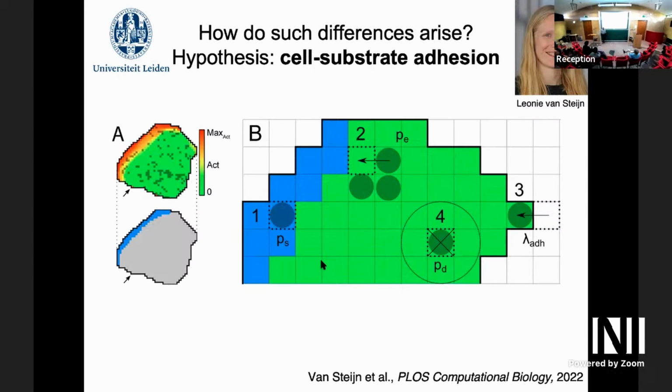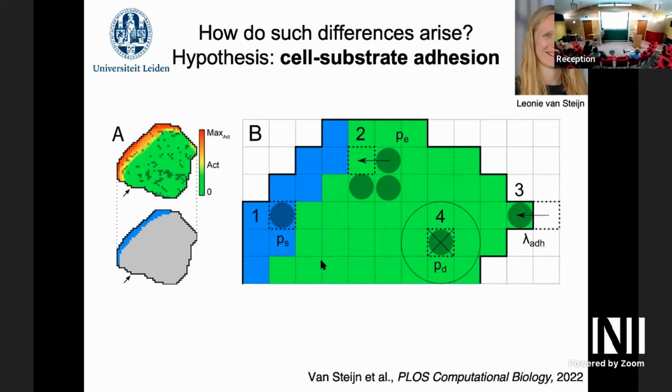It's a force-based model of actin polymerization. That's why it's called ACT, for activity level and also actin. And this was introduced by a collaborating group, and in this way you can create really persistent cell motion.